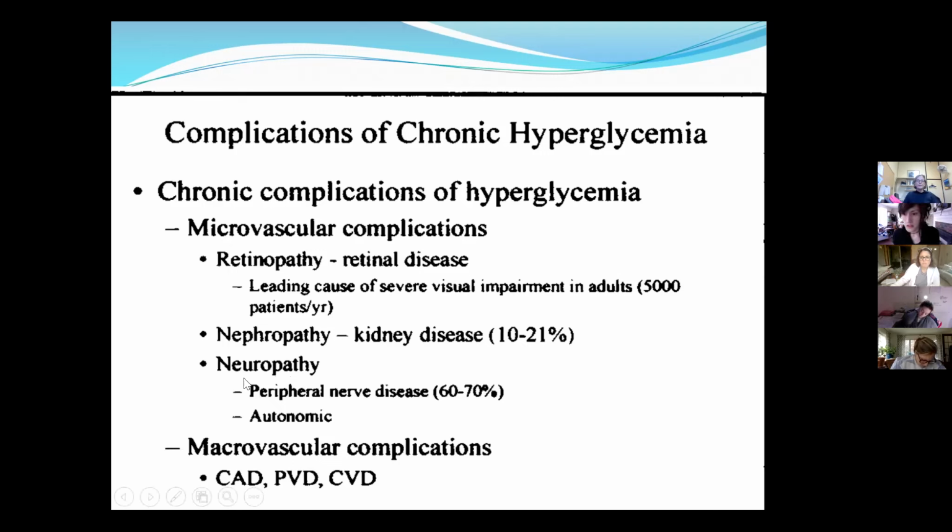Great. Thank you. So neuropathy. Neuropathy is damage to the neurological system, and that results in peripheral nerve disease in a majority of diabetics, that can range from the very minor sort of just pins and needles in the feet to very severe, where there is absolutely no sensitivity at all in the extremities.